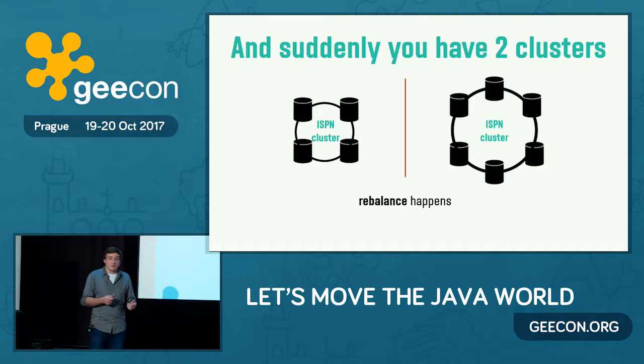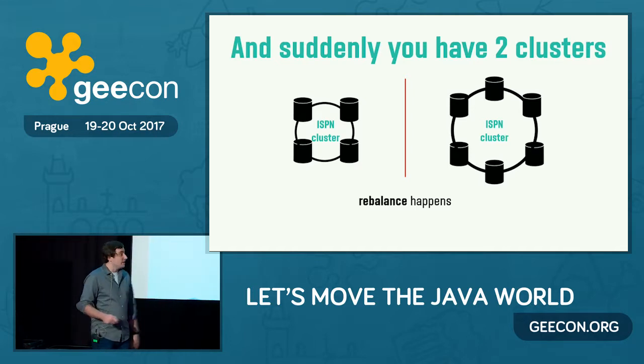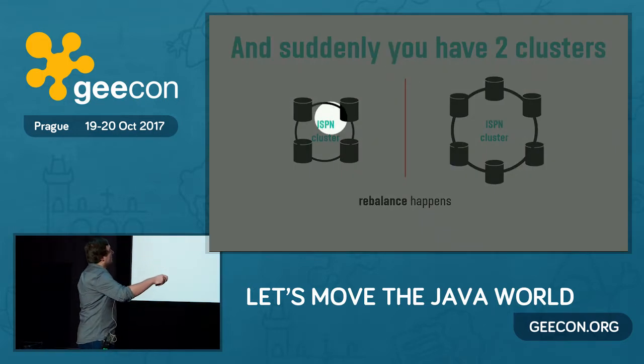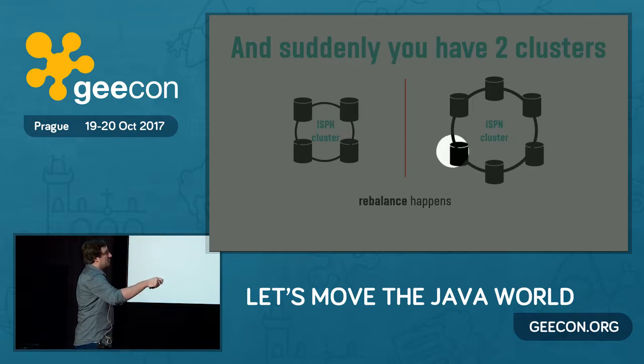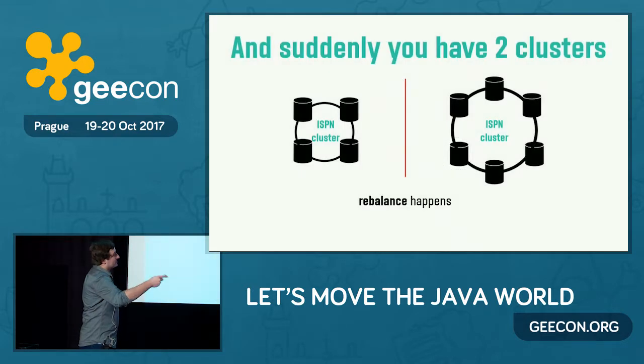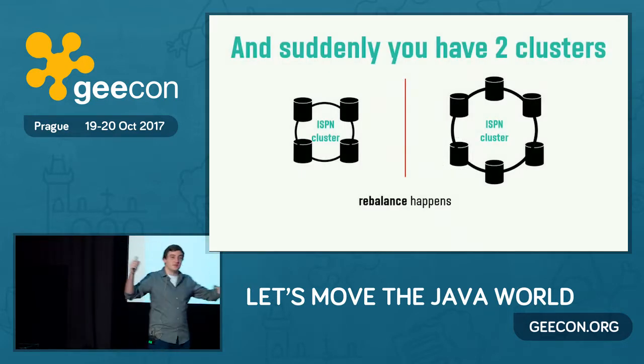The rebalancing process basically means that when you had one cluster, it could happen that on, for example, this node, you had a value as the primary owner, and the secondary owner could be here. So now you are in the situation where on both sides of the cluster you have only one replica of the data, but Infinispan is configured to have two.